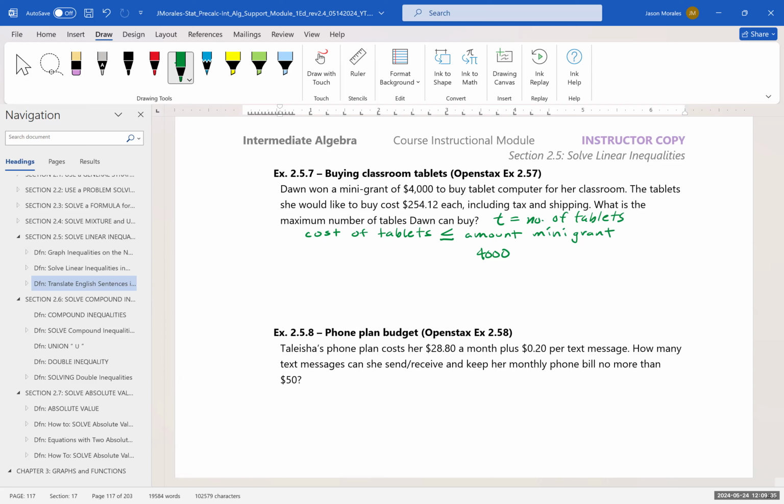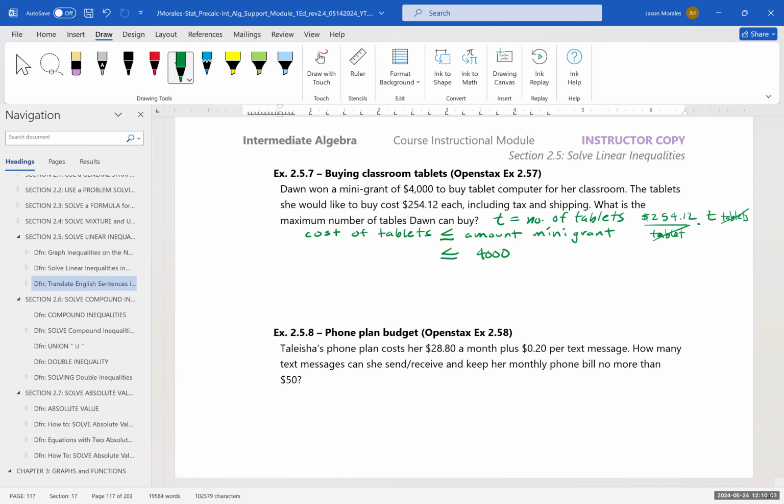So we're going to have 4,000 on the right, and on the left we're going to have the cost of the tablets. What's going to be the cost of the tablets? Well, we know that it costs $254.12 per tablet, and we multiply that by T tablets.